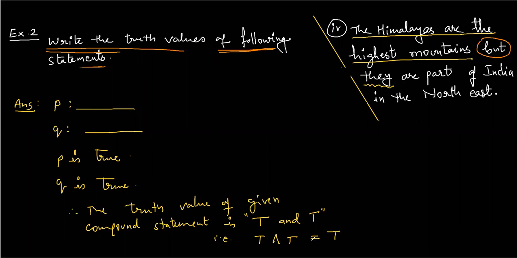What is the law saying for conjunction? The truth value law. You should always remember the law. In the conjunction, the law says that when both the truth values are true, then conjunction is true. Otherwise, false. Okay. So here the final answer is true. So what's the answer, students? Truth value is true.